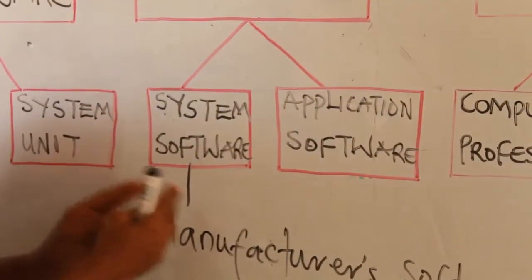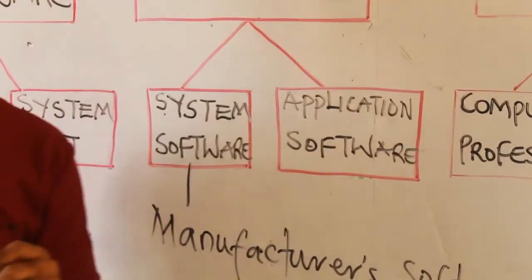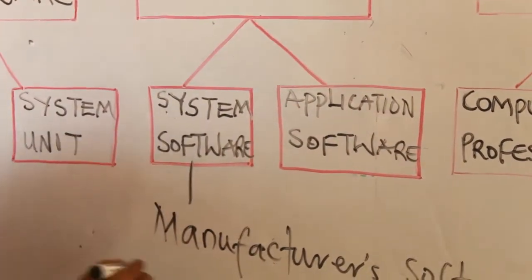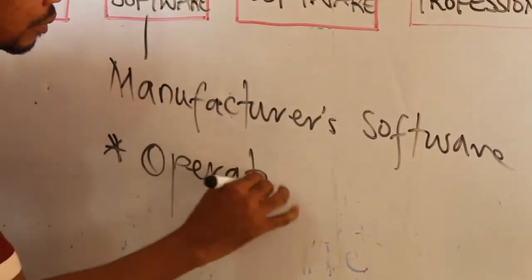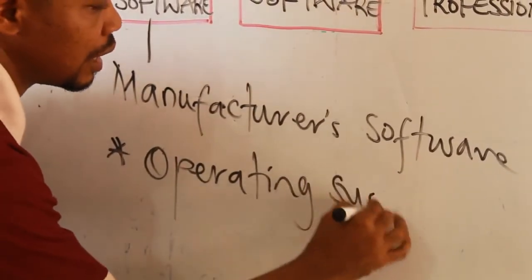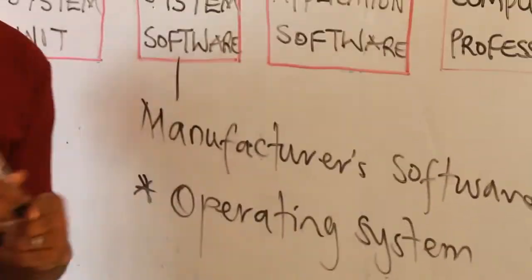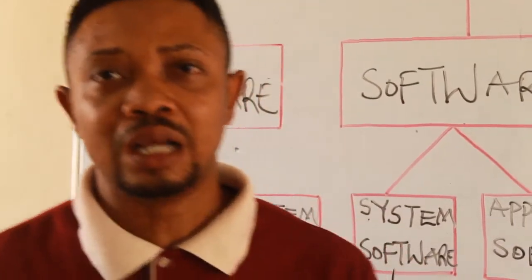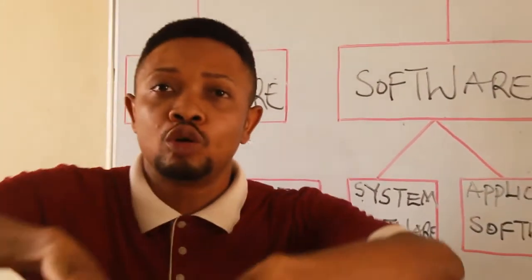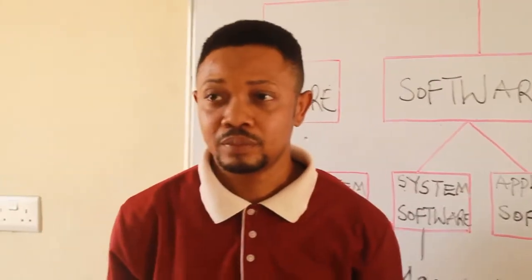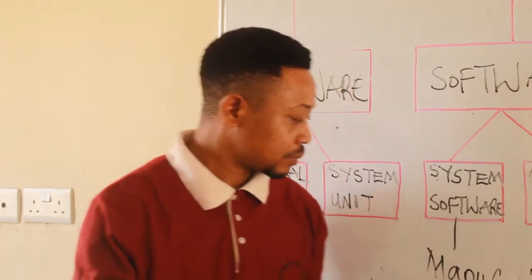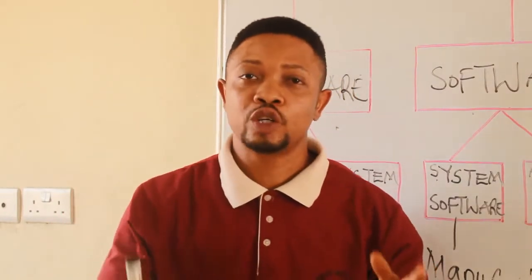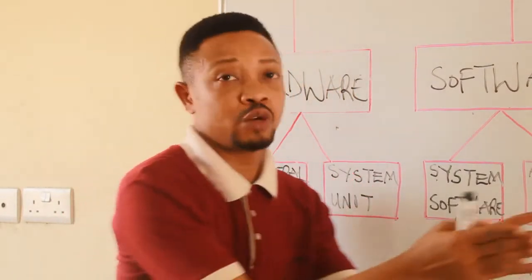Now, a typical example of a system software is what we call an operating system. An operating system is used by the manufacturer to do what? To control the entire hardware. The operating system is used by the designer of the computer to control the hardware.